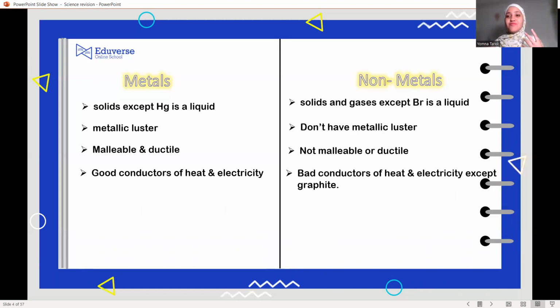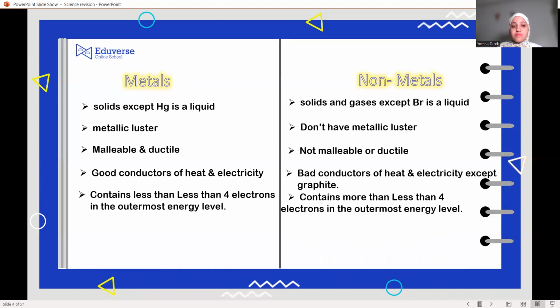If you open a battery, you can see inside it a graphite. It's like a rod. So graphite is a good conductor of electricity, but it's non-metal. So graphite is the only non-metal that can conduct electricity and heat.